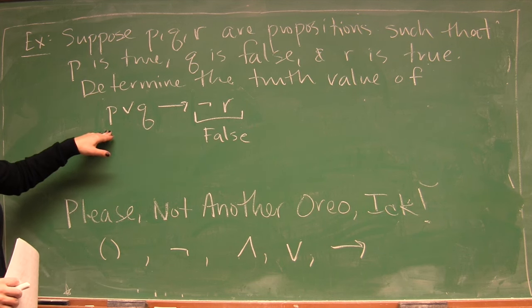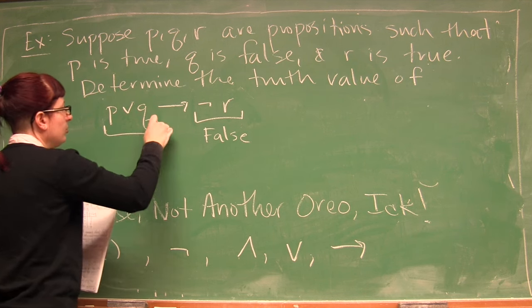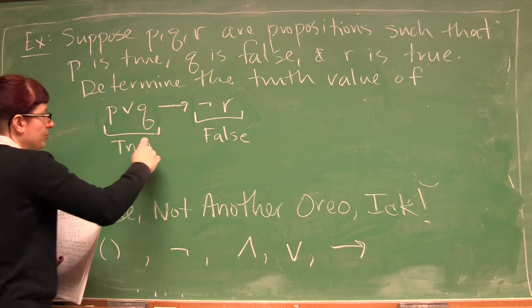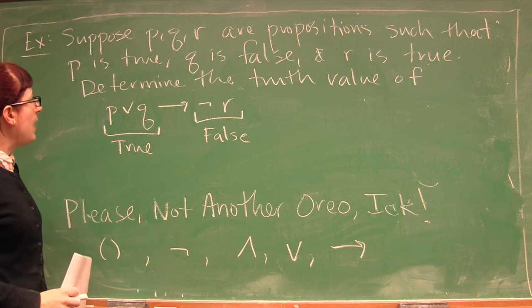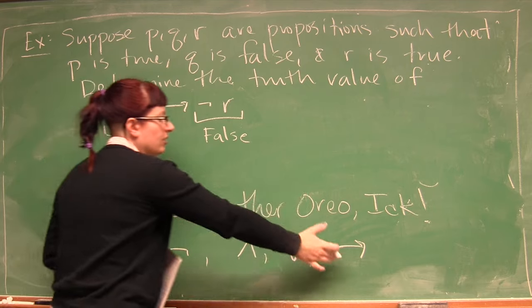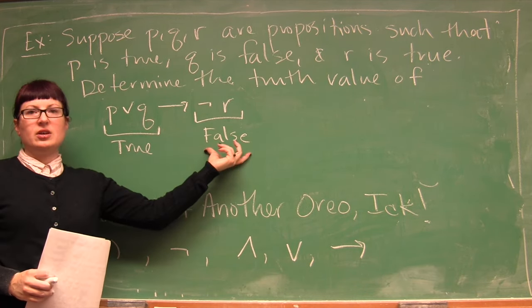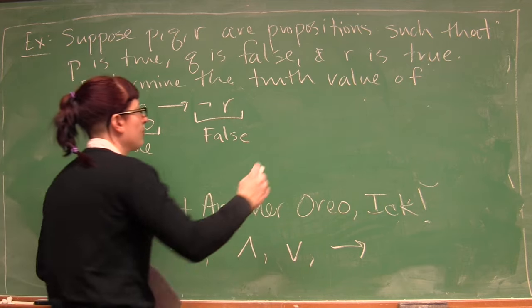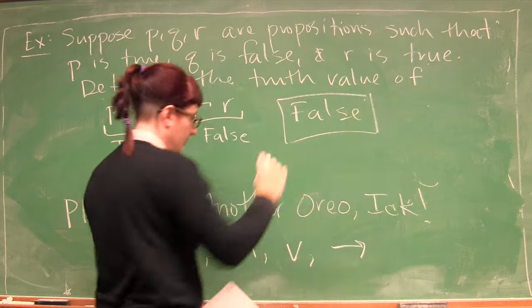We know that P is true and Q is false, so P or Q is true due to our truth table previously. Now we can determine whether the implication, the last thing we do, is true or false. True implies false is false. Okay.